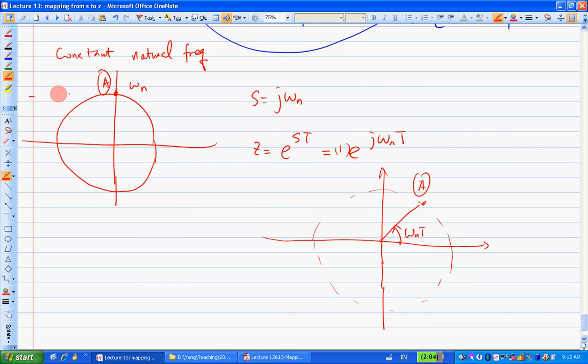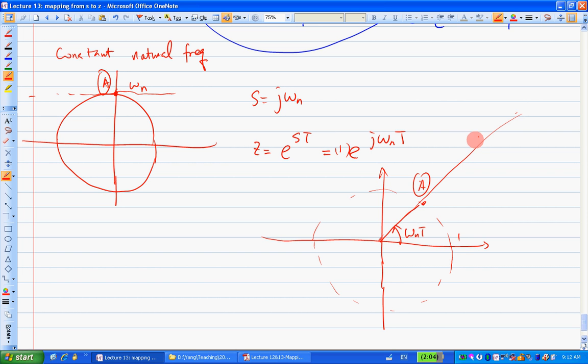If I draw a horizontal line here, that gives me these radial lines, and this radial line is also perpendicular to this circle. This is the unit circle, 1. Can you see the relationship?